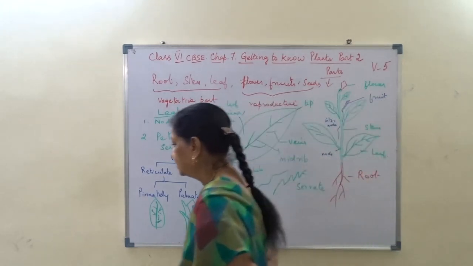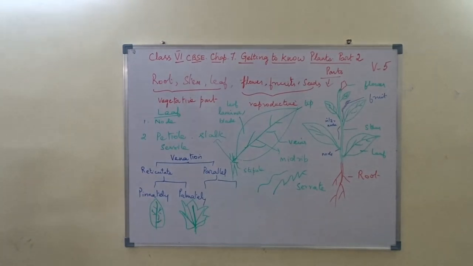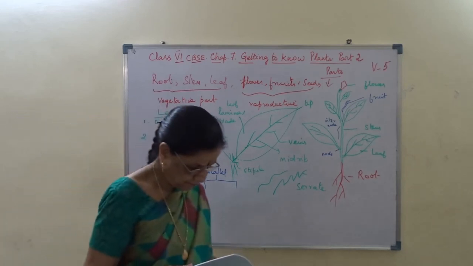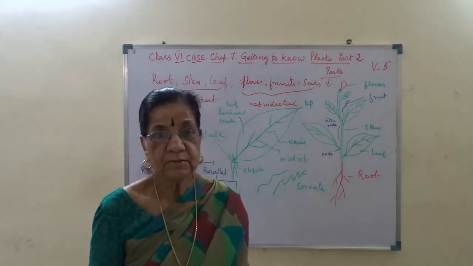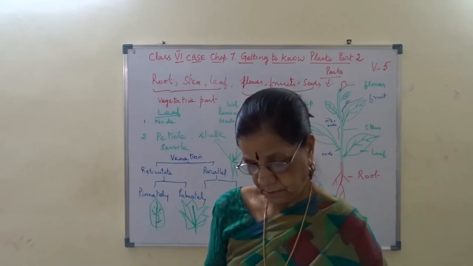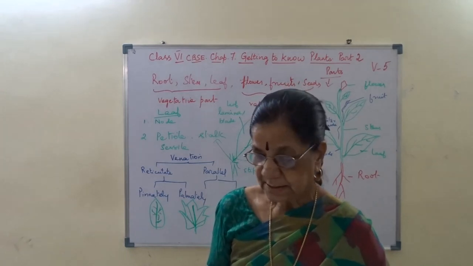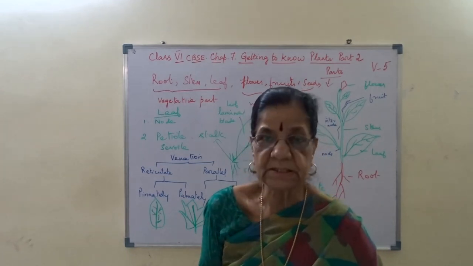So this is for venation. Okay, the next one. On page 855, it is said about petiole, lamina, and venation, with venation as reticulate and parallel venation.